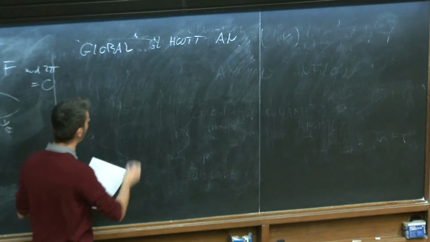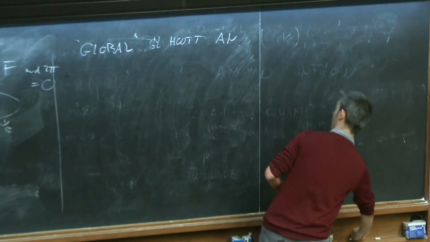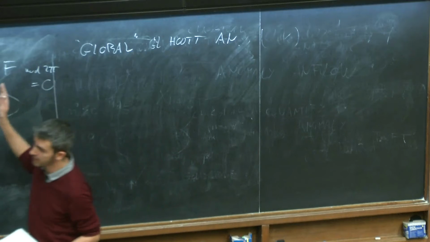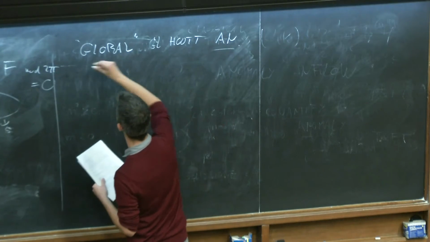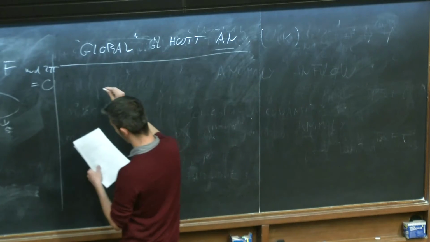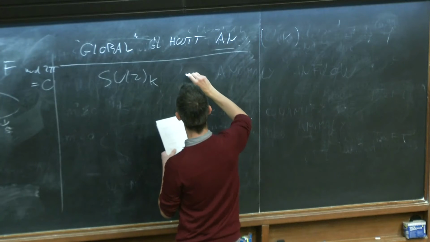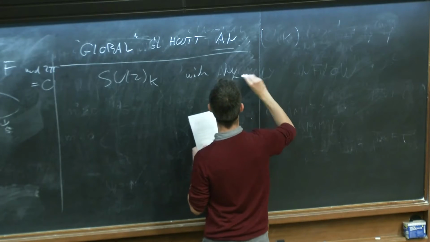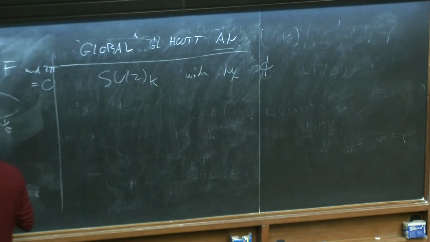And so at this point, I would like to jump to an example since I don't have much time, but essentially what we have to do is apply this very same philosophy and see what happens. So let's consider the following theory, SU2 level K with NF scalars.